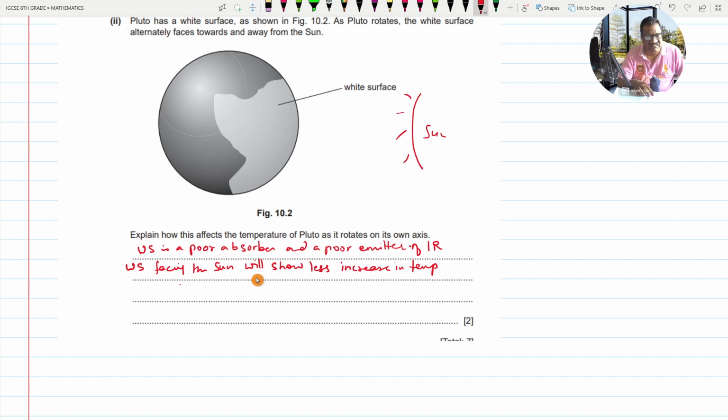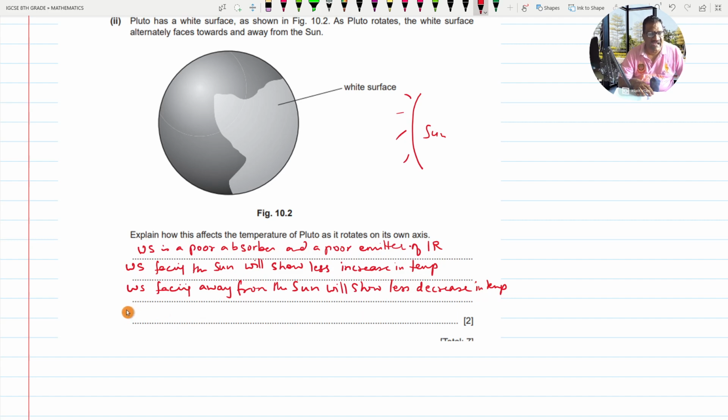White surface facing the sun will show less increase in temperature, and white surface when it is facing away from the sun will show less decrease in temperature.